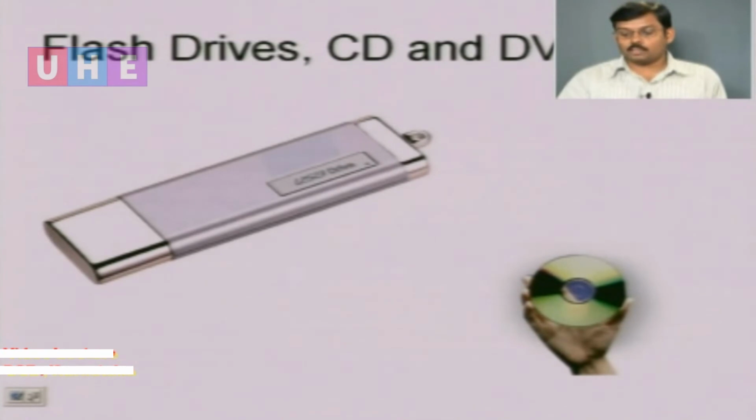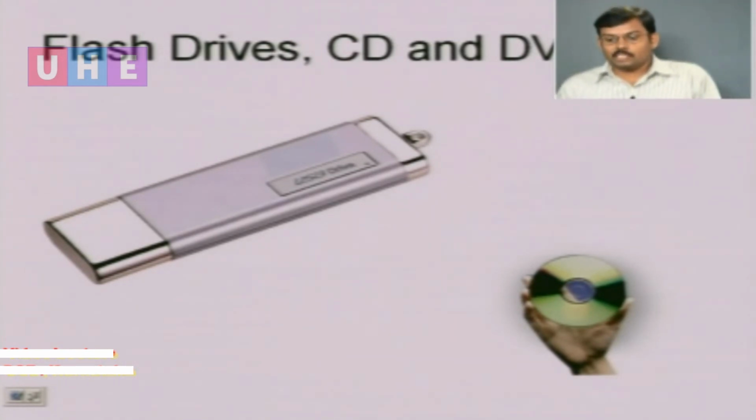A movable disk is the compact disk, CD, and there is something else called the digital versatile disk, which we call DVDs. DVDs are most often used to store video. If you ask anybody the expansion of DVD, they say digital video disc, but the actual definition is digital versatile disc.